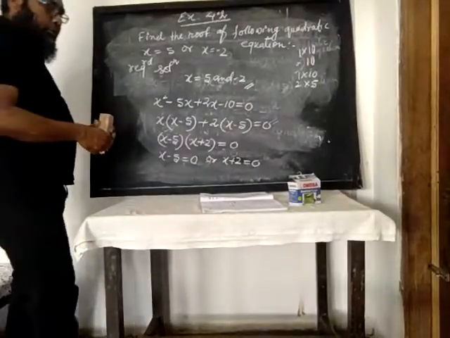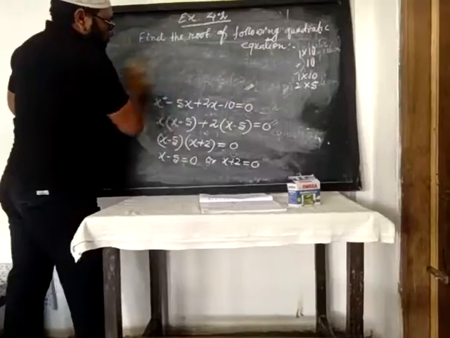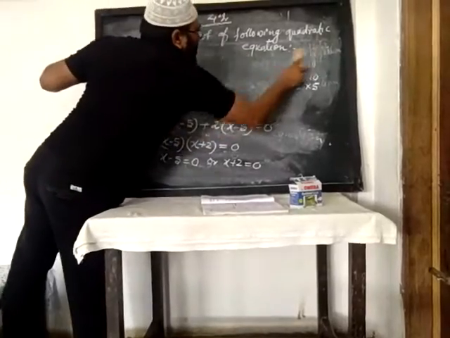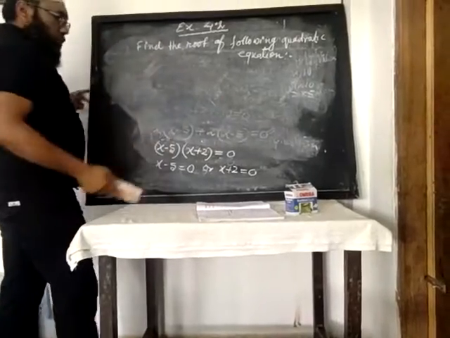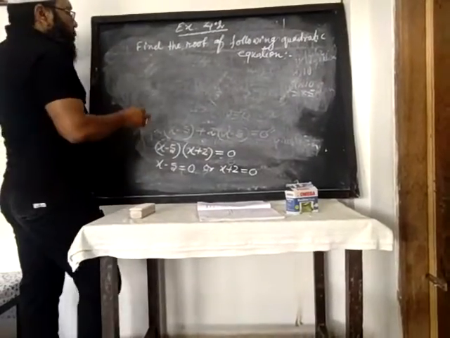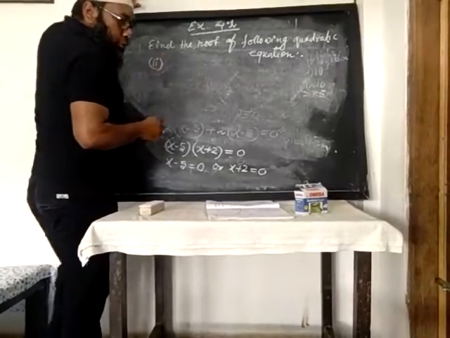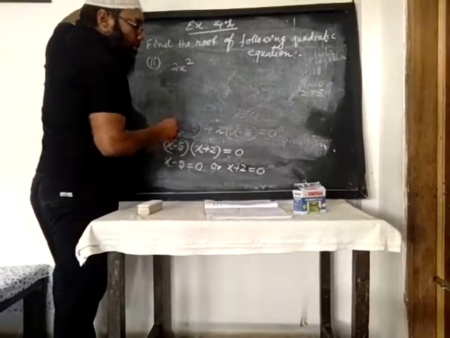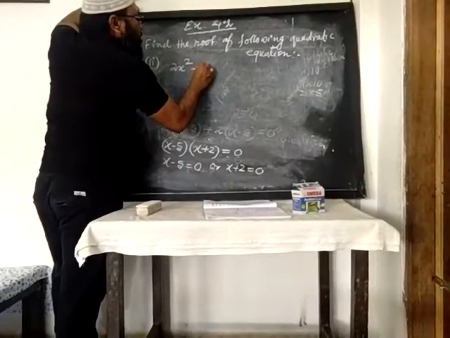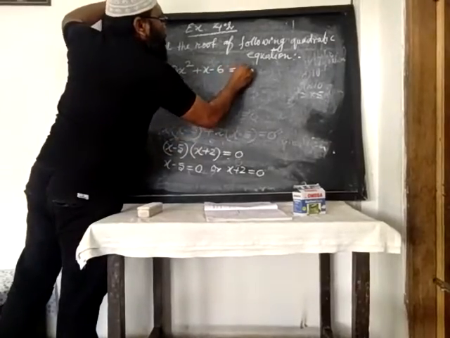The second question is question number 2: 2x squared plus x minus 6 equals 0.